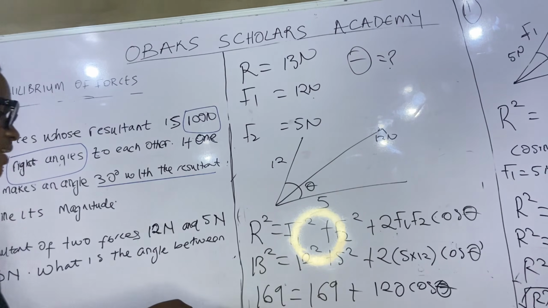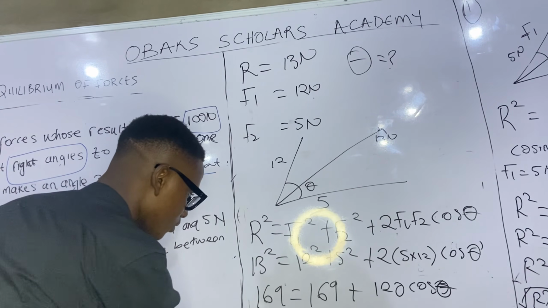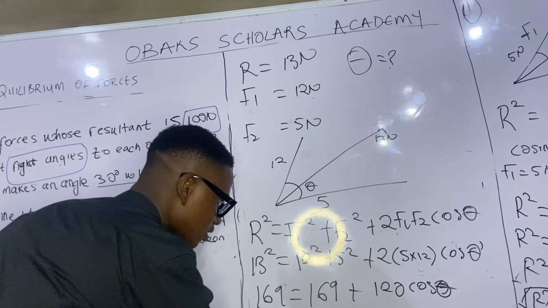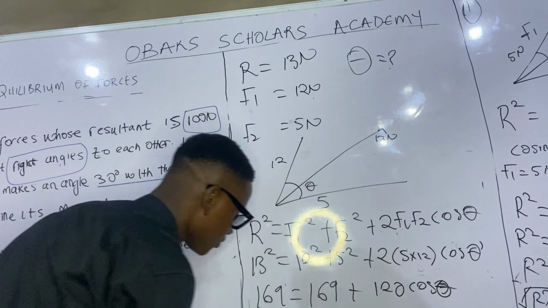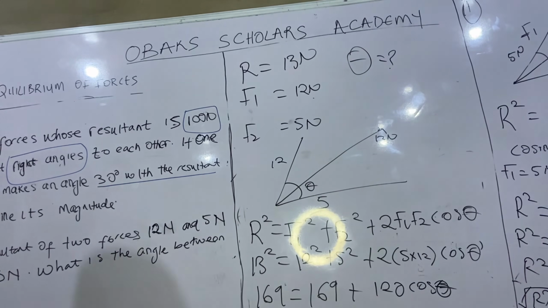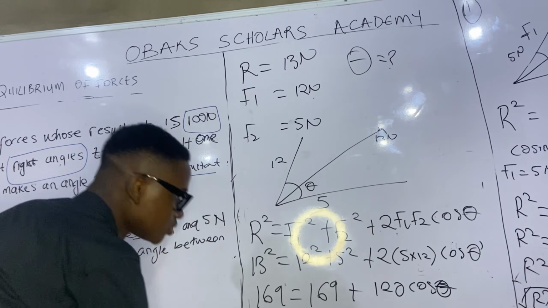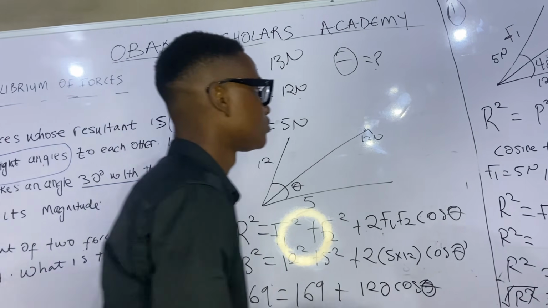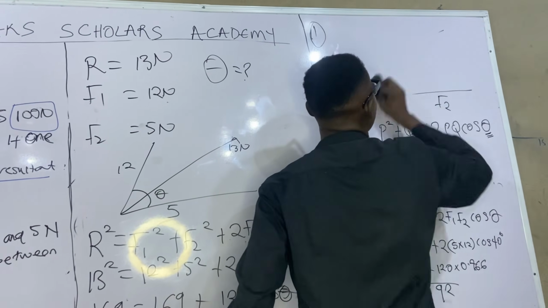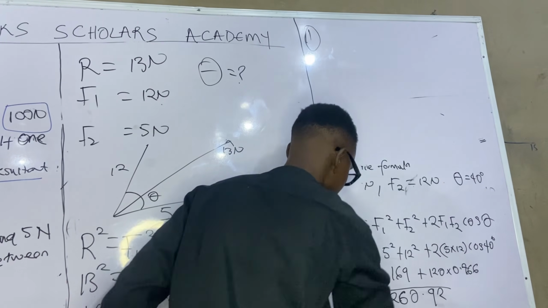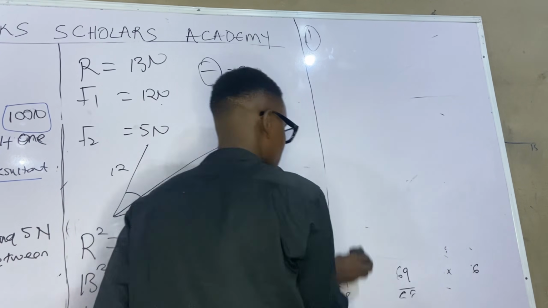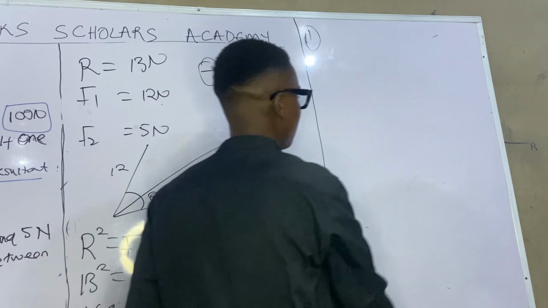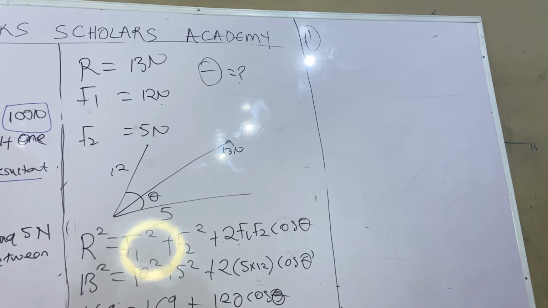And 169 minus 169 will go to 120 cos theta. So what is 169 minus 169? You get 0.